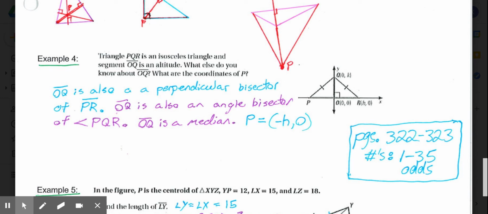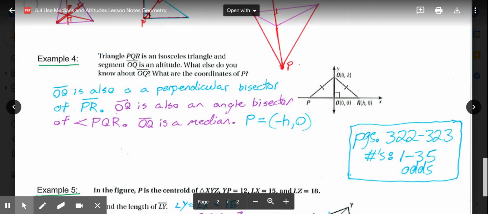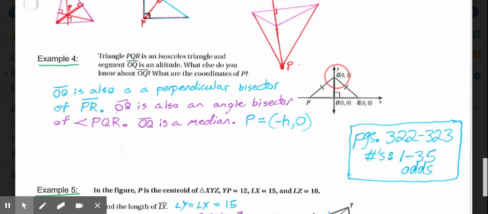And in this special case, again, because it's isosceles, we also know that OQ is an angle bisector of PQR, meaning angle PQO and RQO are equal or congruent. And lastly, because again, it's a special case isosceles, we also could state that OQ would be the median.